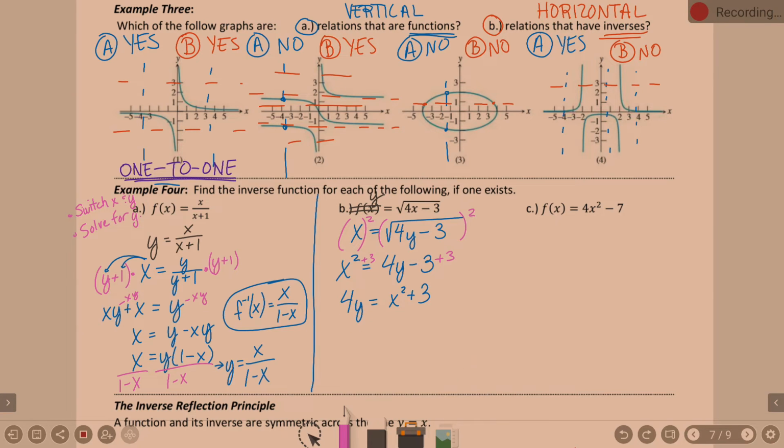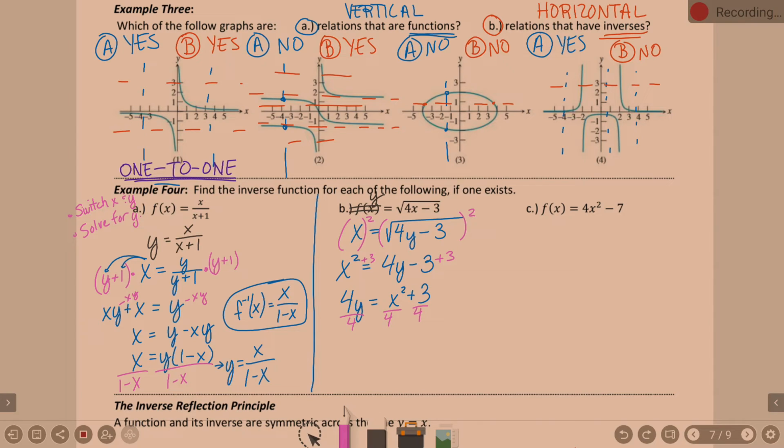What am I dividing by 4? Everything. On the right, you could write x squared divided by 4 and 3 divided by 4, like I did, or you could just write x squared plus 3 over one fraction bar, with 4 in the denominator.